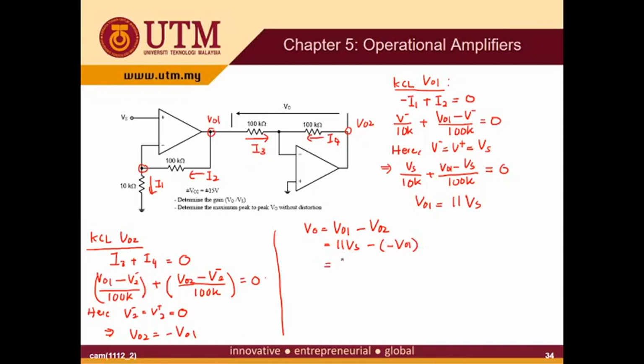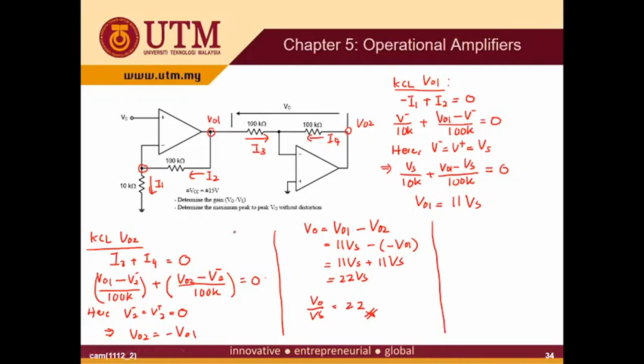So at the end, this is 11 Vs plus 11 Vs, so we get 22 Vs. So 22 will be the gain. V out over Vs is equal to 22. So this is the answer.